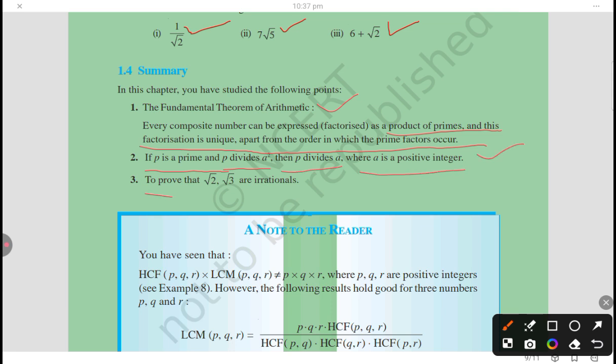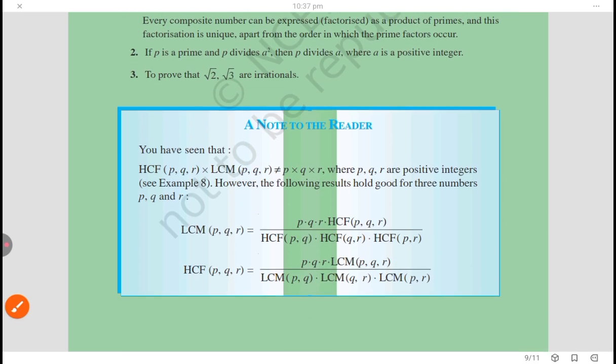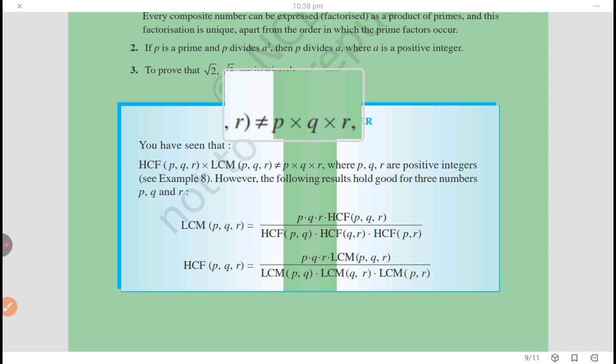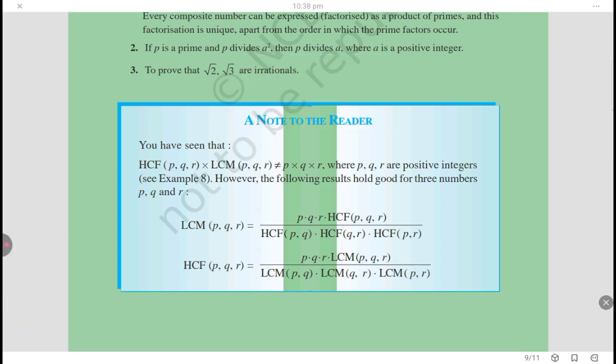To prove that root 2 is irrational, that we have proved. And a note to the reader: the HCF of three numbers p, q, r multiplied by the LCM of p, q, r is not equal to the product of these three numbers. But this can happen like this.